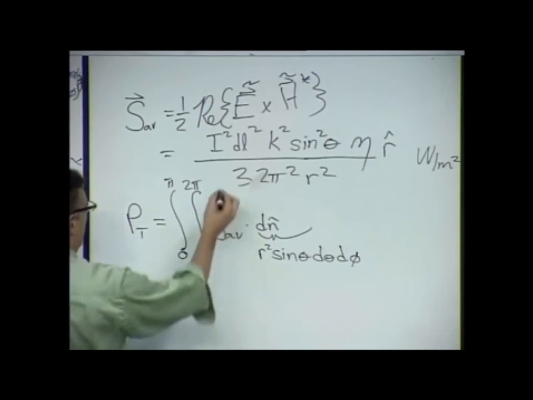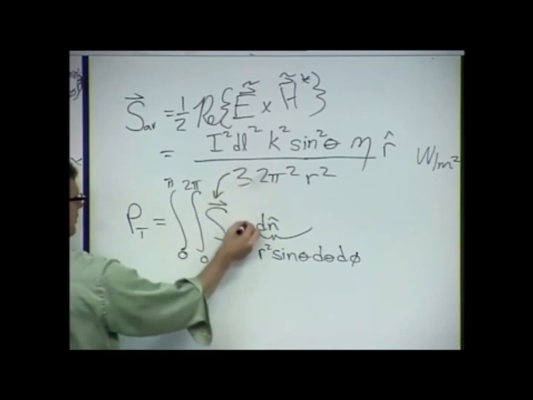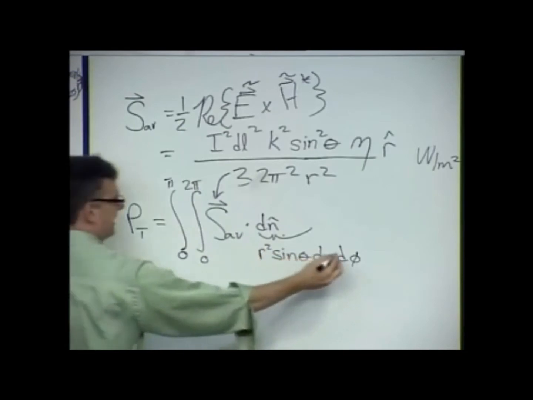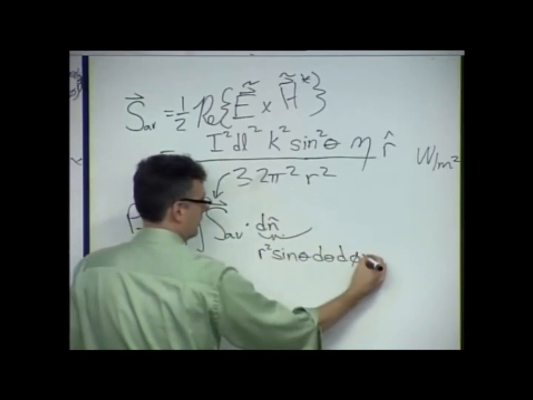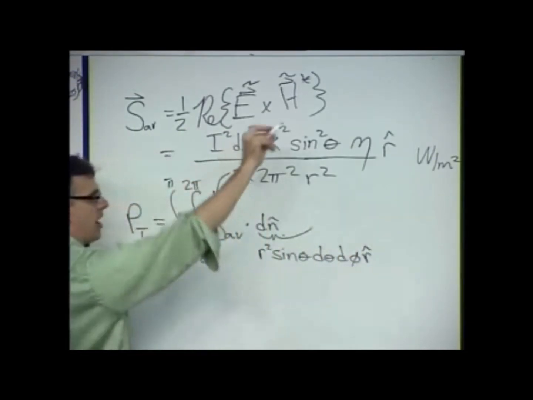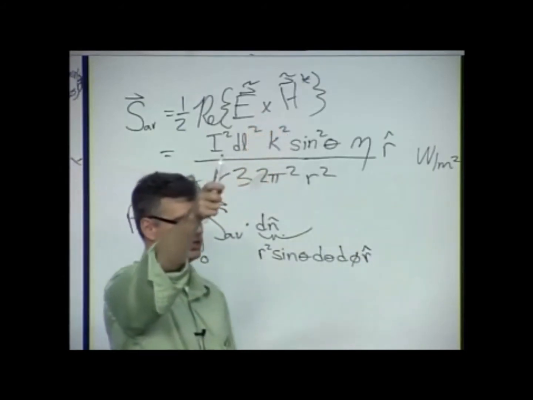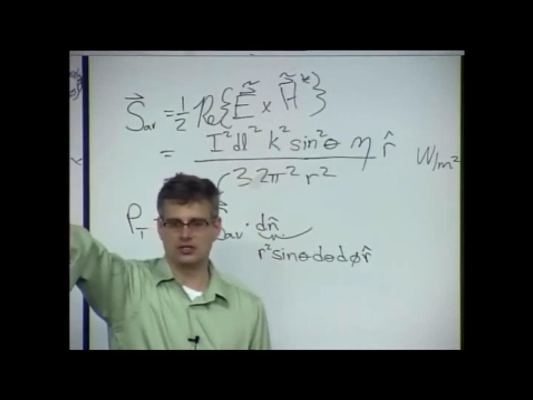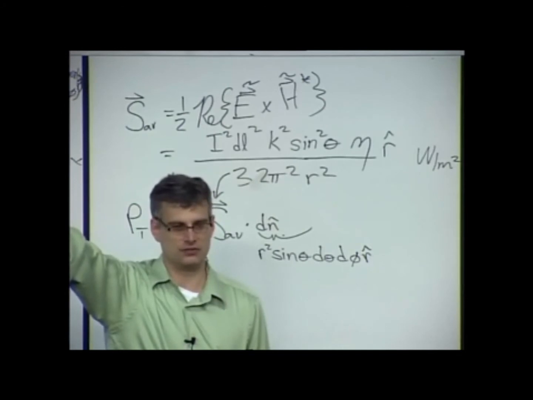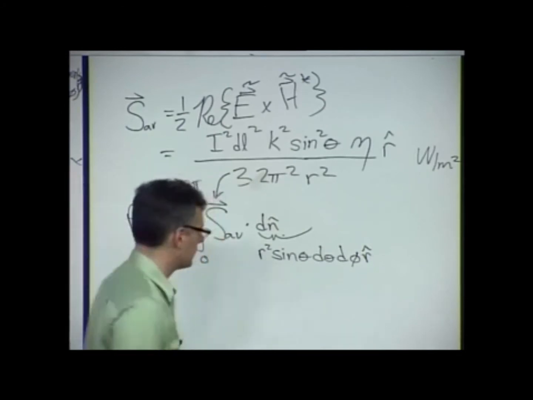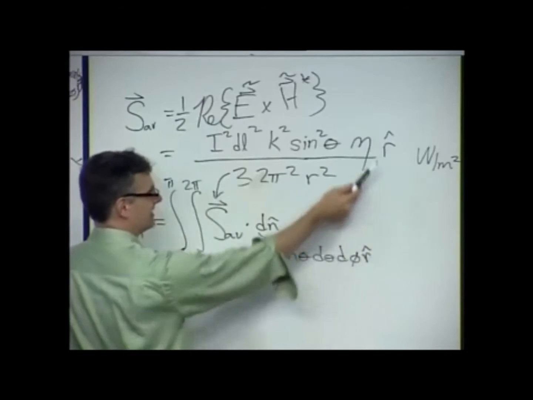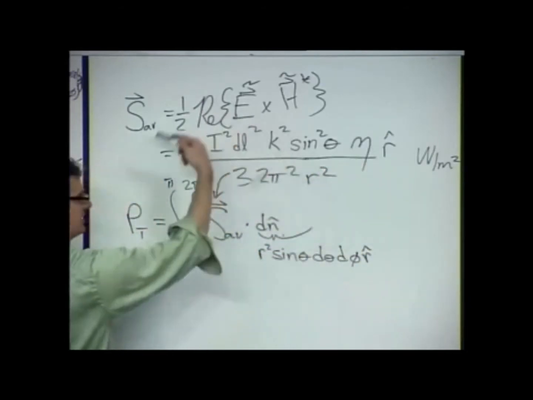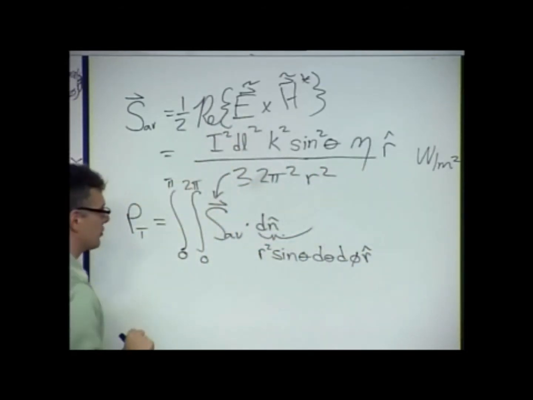So now I just plug this into here, dot it, and keep in mind this is a vector. I need a surface normal pointing out from that sphere to do this integration. And of course, what is the unit vector that always points perpendicular to the surface of a sphere? It's r hat. So that makes it actually easy because r hat dot r hat is 1. I have a nice scalar thing in my integrand from here on out. I've got a sine cubed theta term. That's the hardest part of the whole integration, but that's easy to look up in the back of the calculus book.